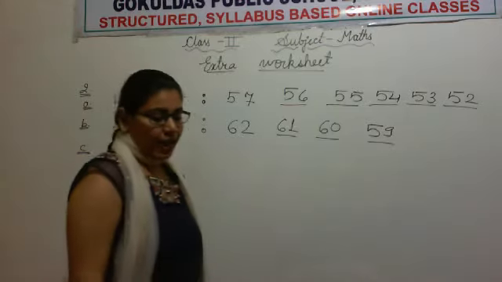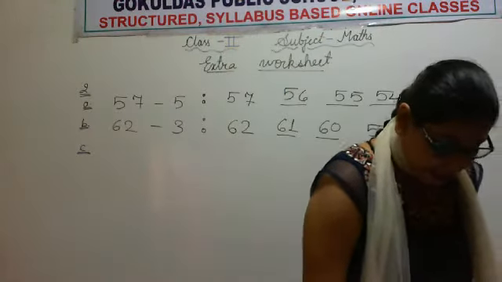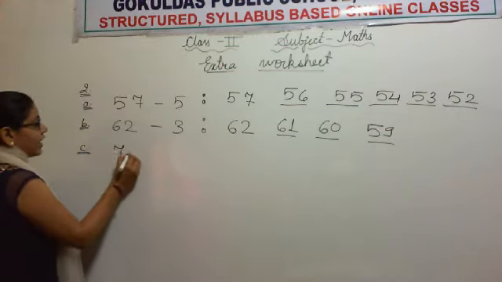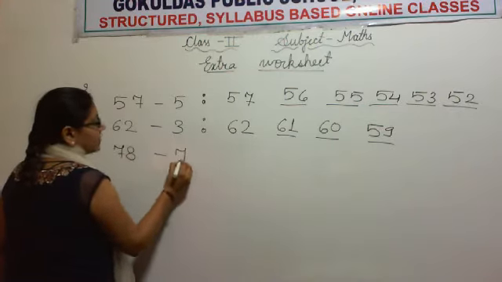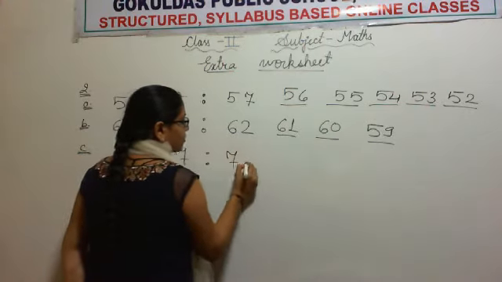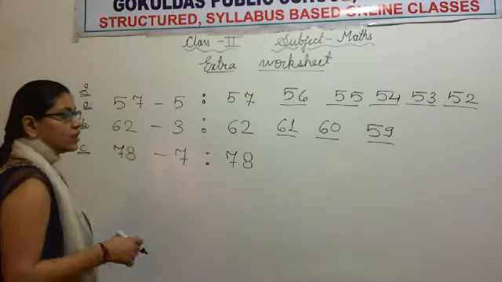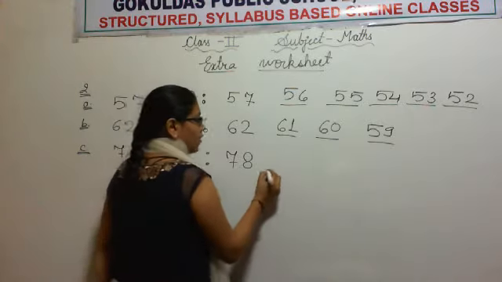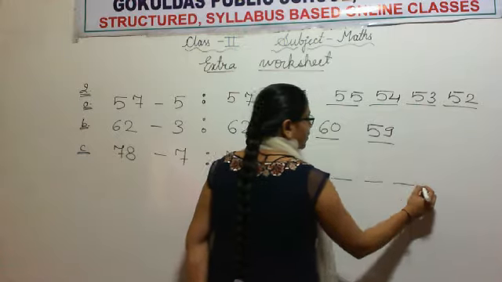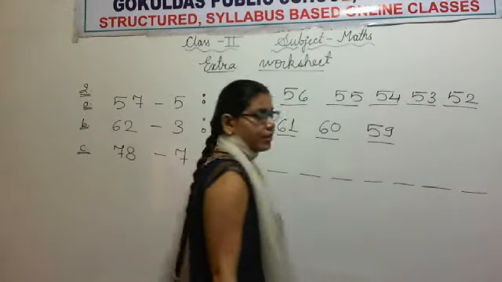Now the next part, that is 78 minus 7. So we have to start from 78. Now minus 7 is there. So let's make 7 blank places. 1, 2, 3, 4, 5, 6 and 7.